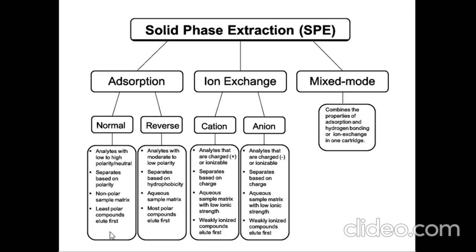Right? So what is happening in a reverse phase adsorption? Here the analytes with moderate to low polarity can be separated. Separation is based on hydrophobicity, and the sample matrix is more aqueous, and polar compounds elute first.